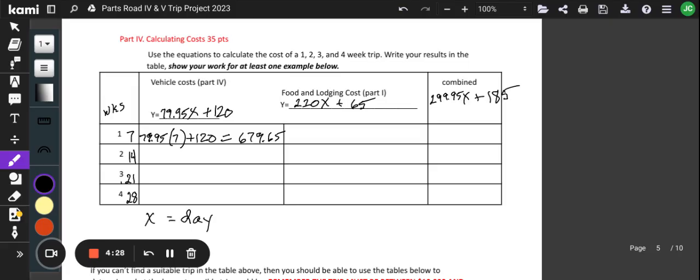And then this other side, 220 times 7, plus 65 equals 1605.